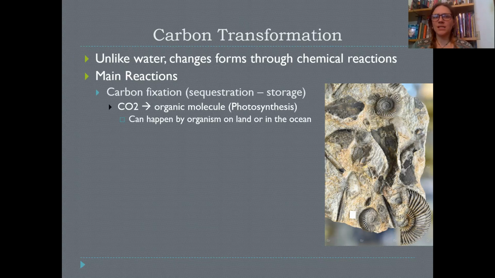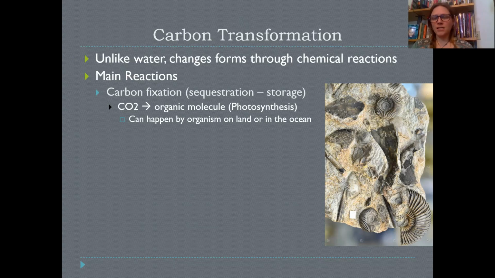And this is basically a process by which CO2 combines with water through the process of photosynthesis to form organic molecules. And then these organic molecules are maybe passed up the food chain, or maybe they're not. Maybe they're just captured in plant cells and plant compounds, but then they're fixed, they're trapped on the landscape or in the oceans for a period of time in that organic form, and maybe they're buried and fossilized, which may cause them to exist for a lot longer than if they're right on the surface and they're rapidly decomposing.